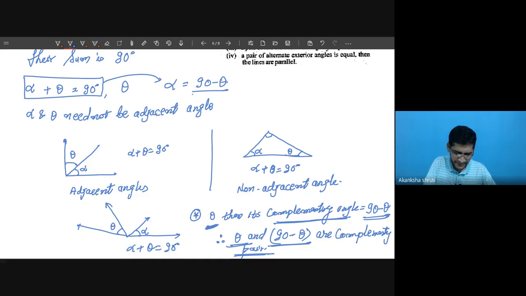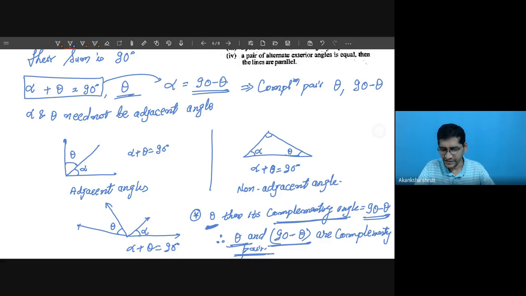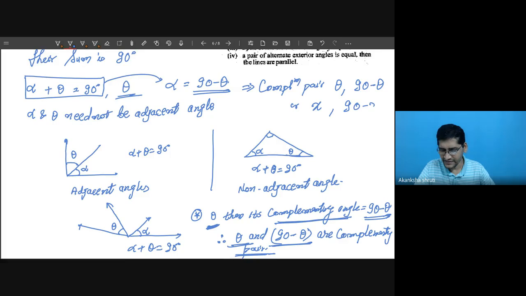So always it is better to keep just one variable. That's why the complementary pair is written as one as theta, then another is 90 minus theta. Or if you are denoting the angle with the variable x, then the other will be 90 minus x.